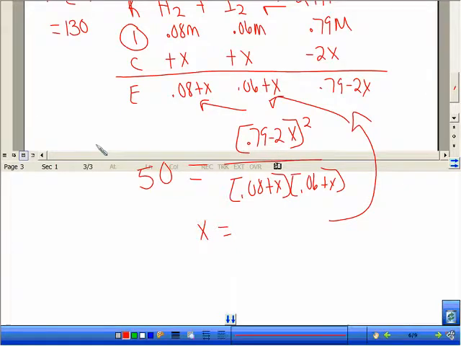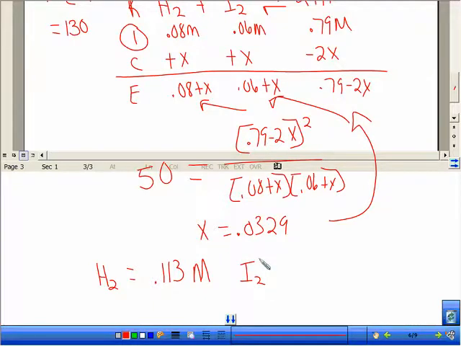I actually found the x when I got up. 0.0329 is what x should come out to be. And then if we plug back in 0.08 plus x, for H2 it comes out to be 0.113 molar. Making sure we weren't back in atmospheres.